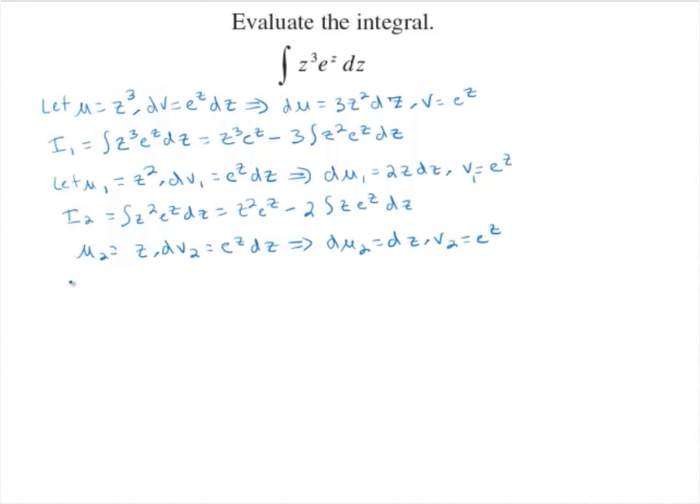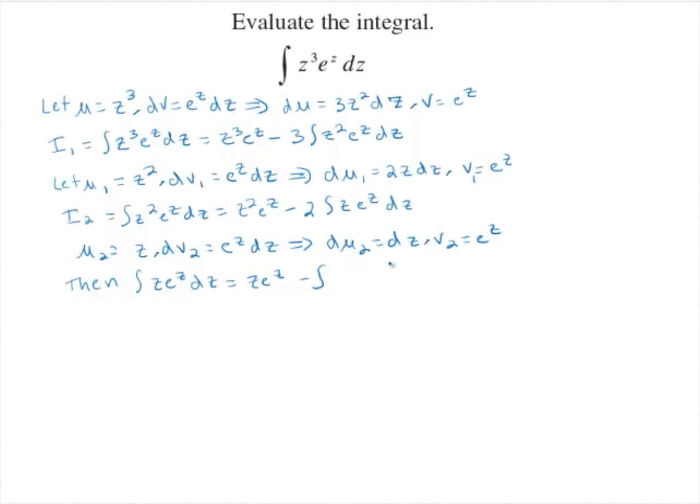So then the integral of z e to the z dz equals, again, u times v. So that's going to be z e to the z minus the integral of v du.